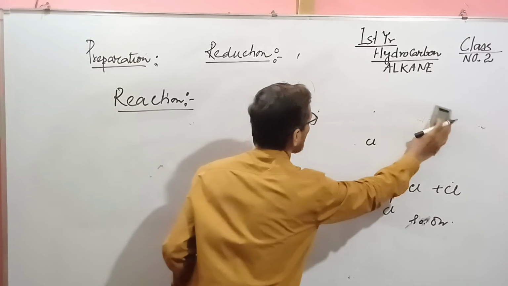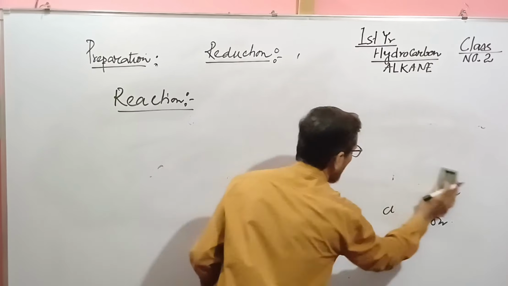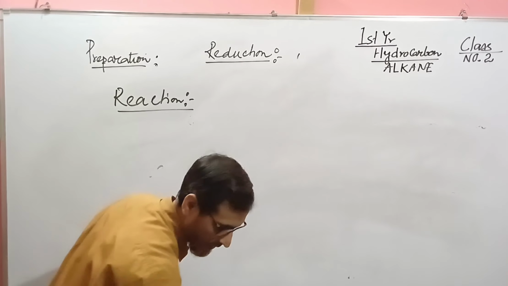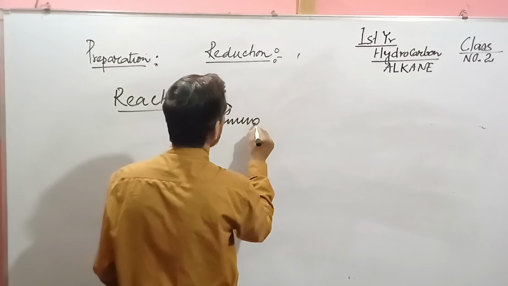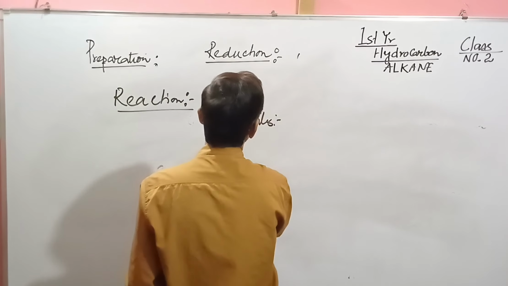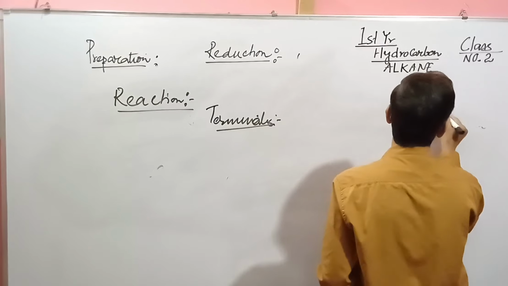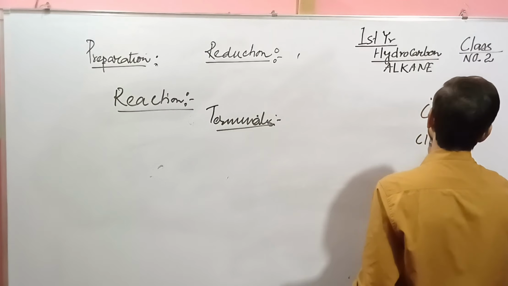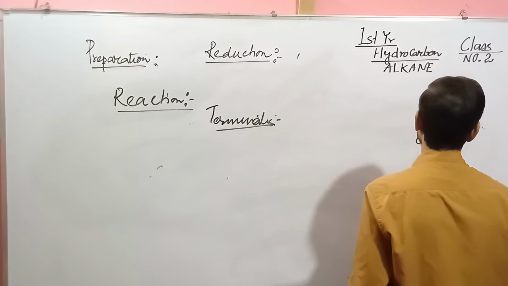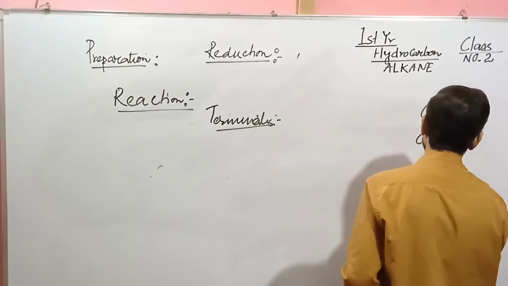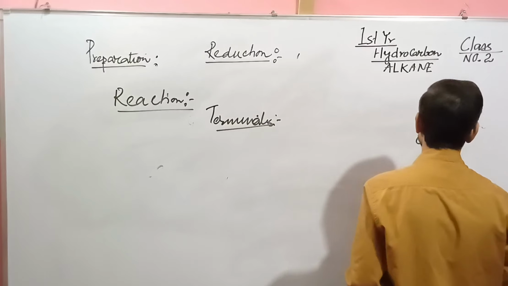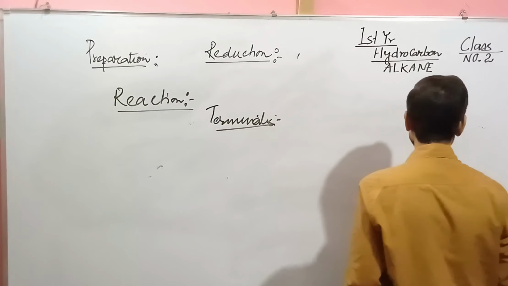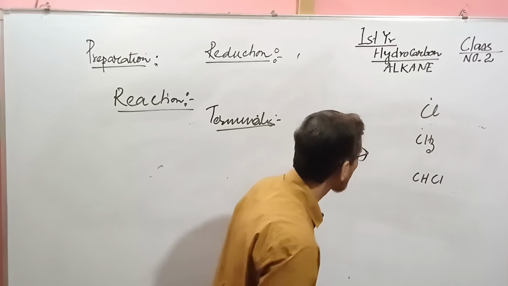Now how the reaction will finish is called termination. The finishing of the reaction is called termination. So in the reaction mixture you have methyl free radical, CHCl2 free radical; like this you get a lot of free radicals. Am I right?